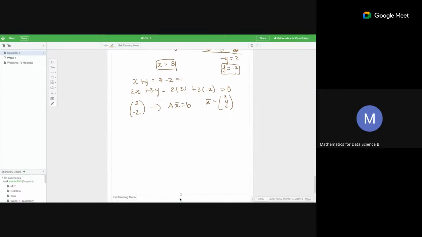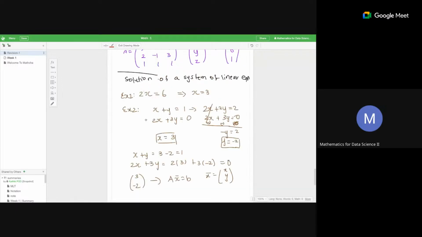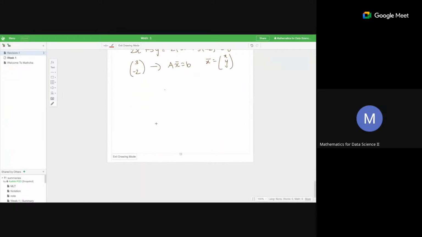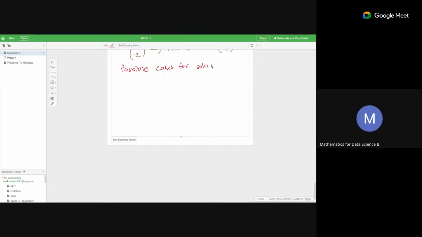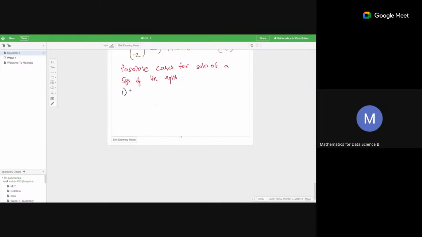There are going to be three possible scenarios when you look at the solution of a system. Let us see the possible cases for the solution of a system of linear equations.